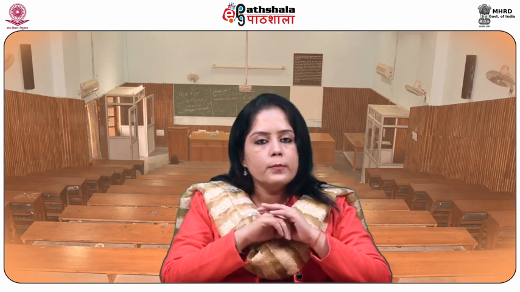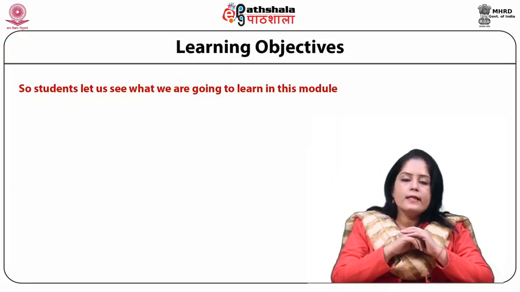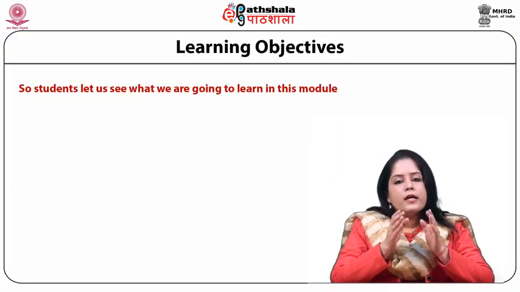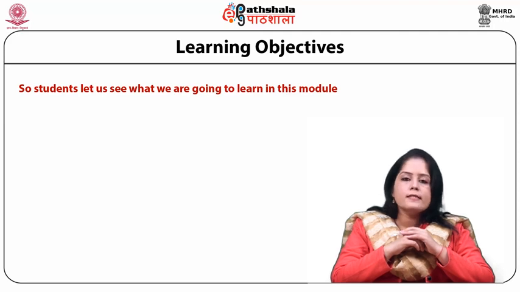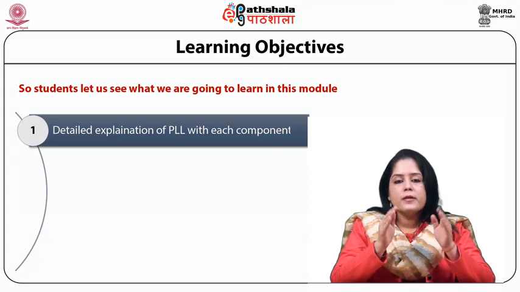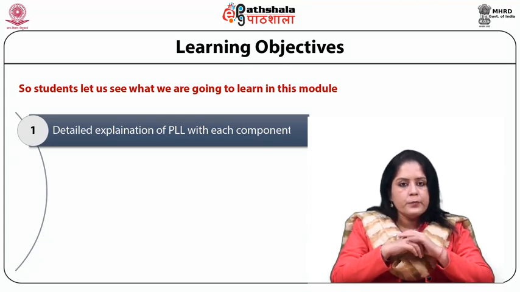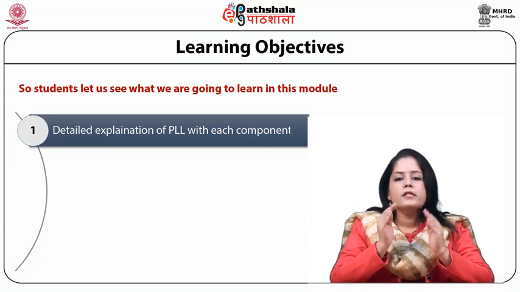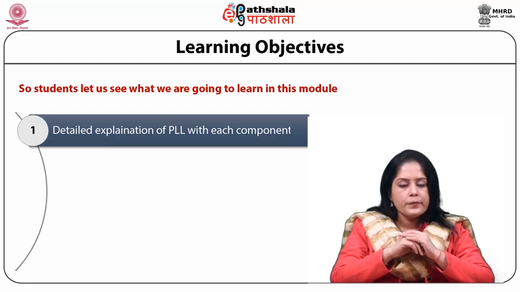So today we are going to discuss the module Phase Locked Loop, PLL, from the paper Electronics. So students, let us see what we are going to learn in this module. First, a detailed explanation of PLL with each component will be discussed.